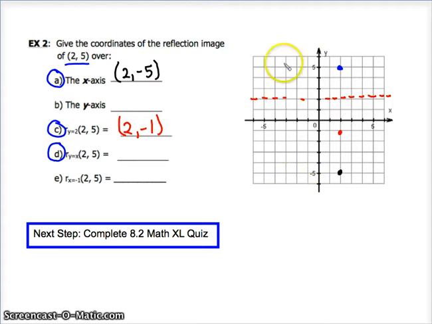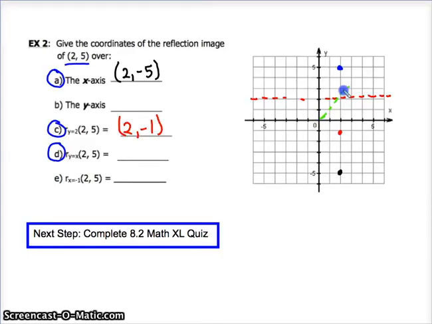Okay, now let's kick it up a notch. This one's a little bit more challenging. I'm going to reflect over the line y equals x. Remember the line y equals x is that line that's perfectly diagonal from the origin. Okay, it's got a slope of 1. Now, if I'm going to reflect over this line, I'm going to move the same distance down, and then I'm going to move that same distance to the right, and it'll end up being the same distance from the diagonal there.